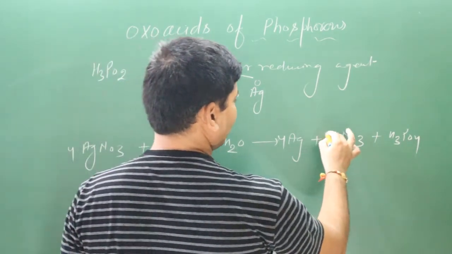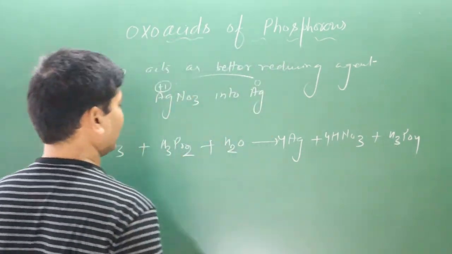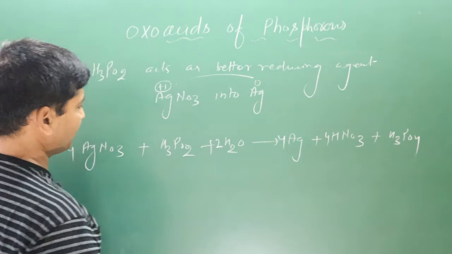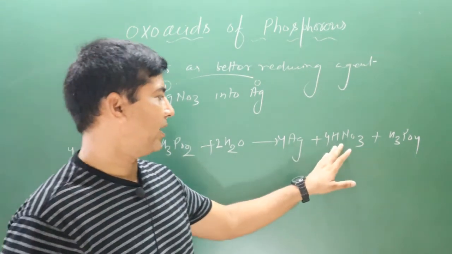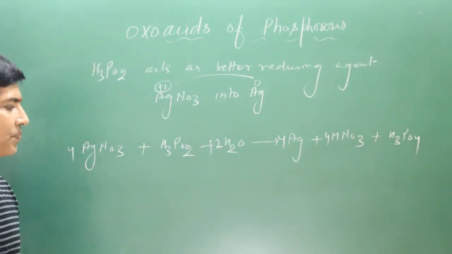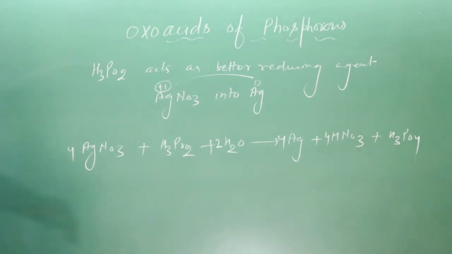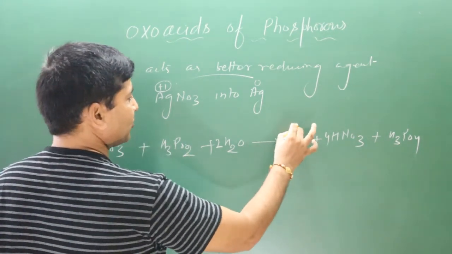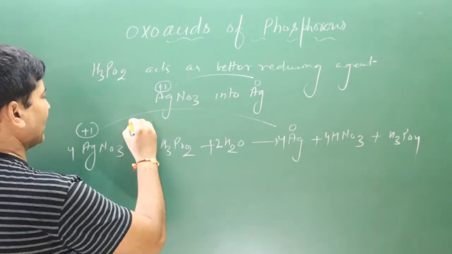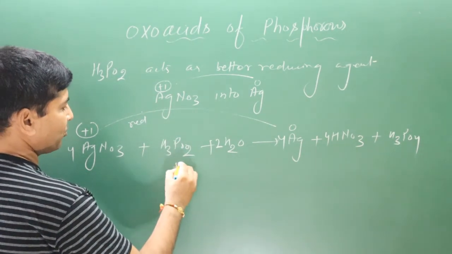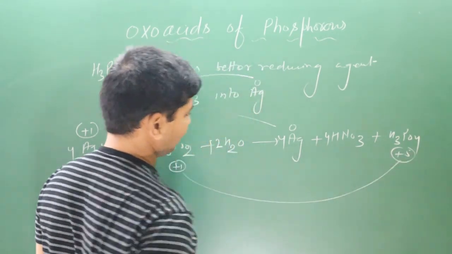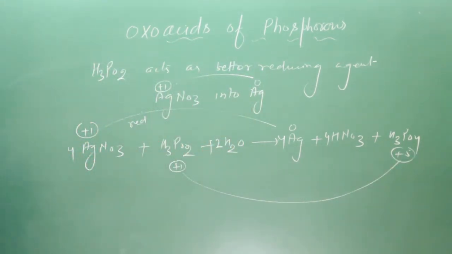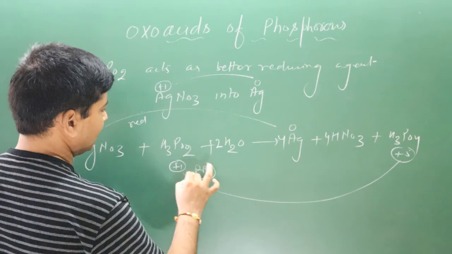Hydrogen, 4 plus 3 is 7, nitrogen 4 balanced, silver 4 balanced, the equation is balanced. Silver goes from +1 to 0 oxidation state, this is reduction. Phosphorus goes from +1 to its highest oxidation state, this is oxidation, so it acts as a reducing agent.